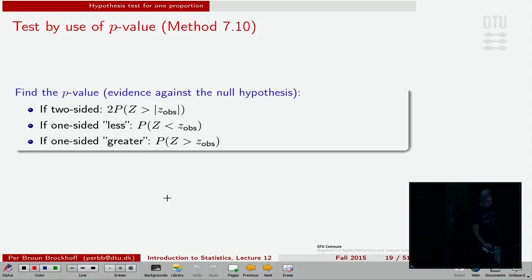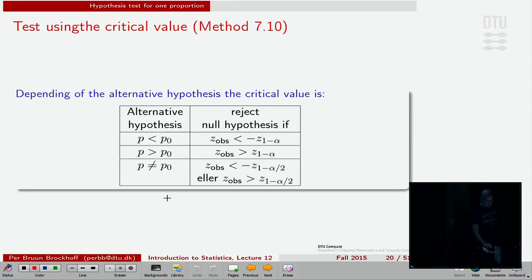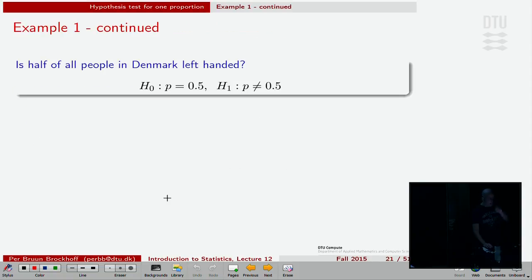Let's exemplify. I'm going to exemplify first and then show you the two slides to make it clear. I'm going to make a maybe funny hypothesis. Maybe I never read a single thing in my life, and I had the idea: hey, we have two hands. It's a 50-50 thing whether we become left-handed or right-handed, right?